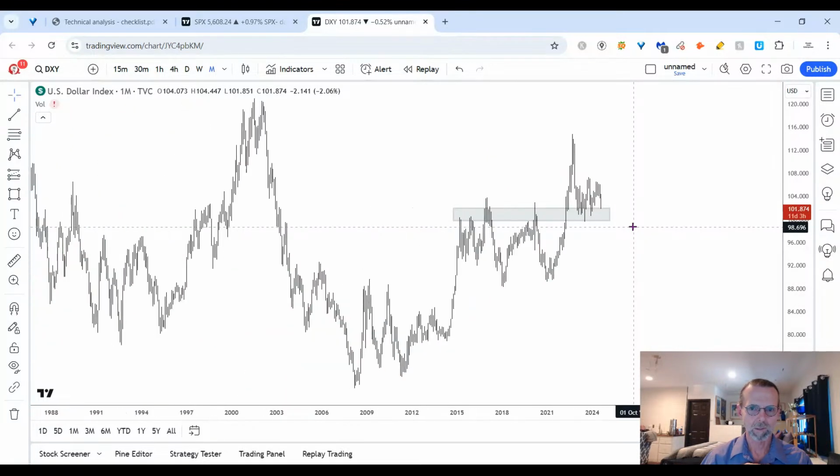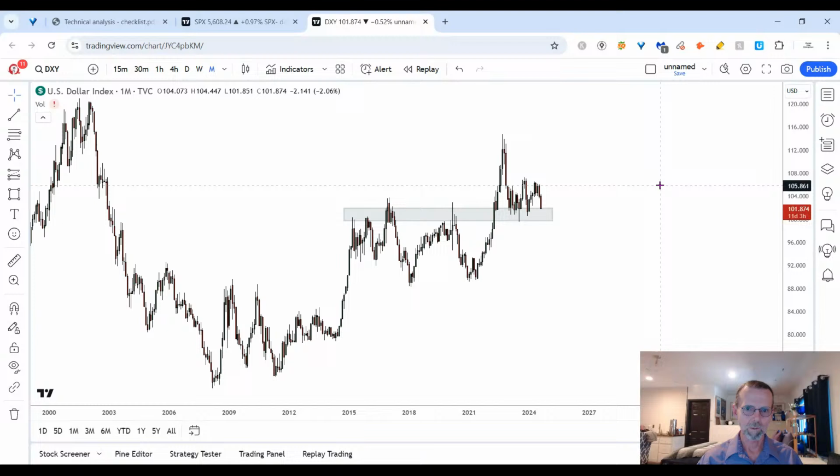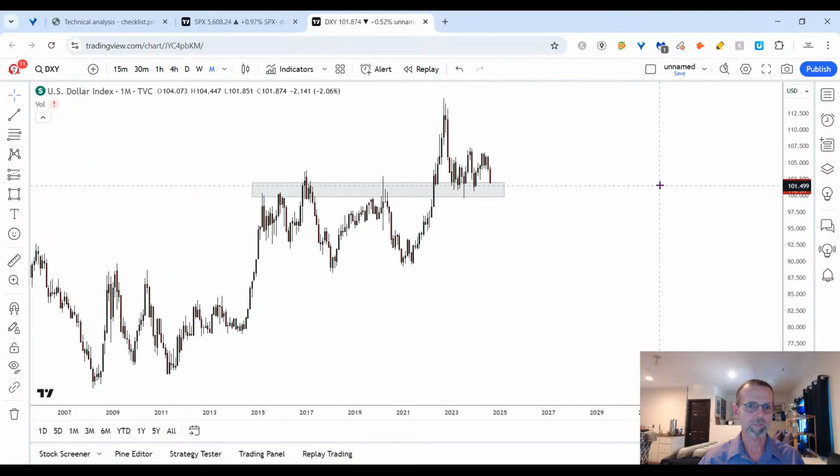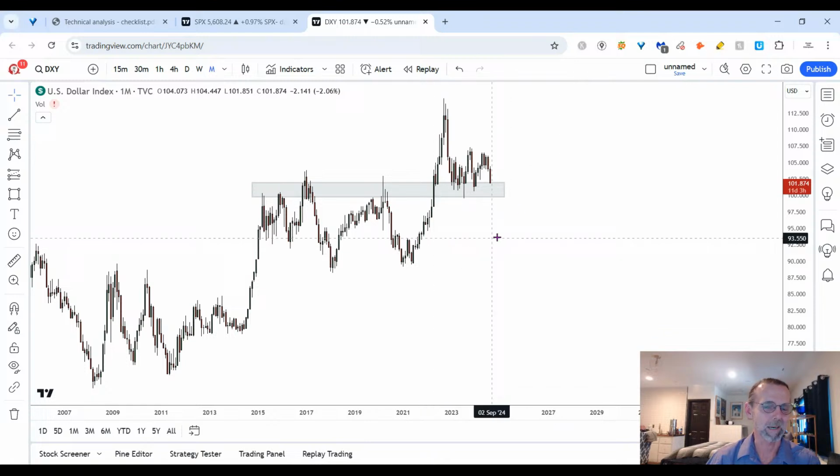I don't tend to look at moving averages in the monthly time frame, so we won't do that now. The next thing that catches my eye, and I realized the other day that I kind of pop around. I'm not following my checklist step by step.